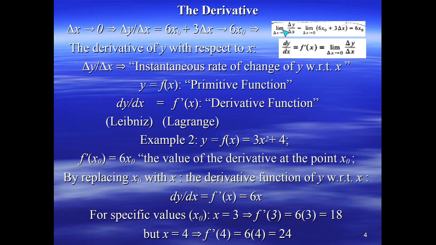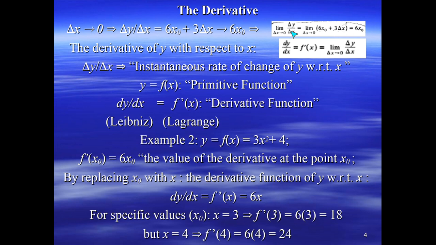So as a definition, it is the limit of delta y over delta x while delta x goes to 0, which is the limit of the rate of change of the function when delta x, the change in x, goes to 0, when it diminishes very much.